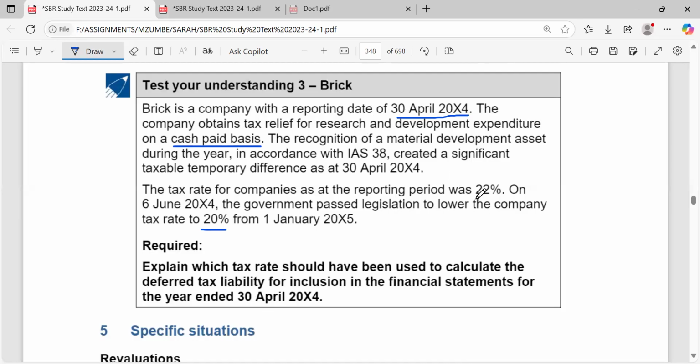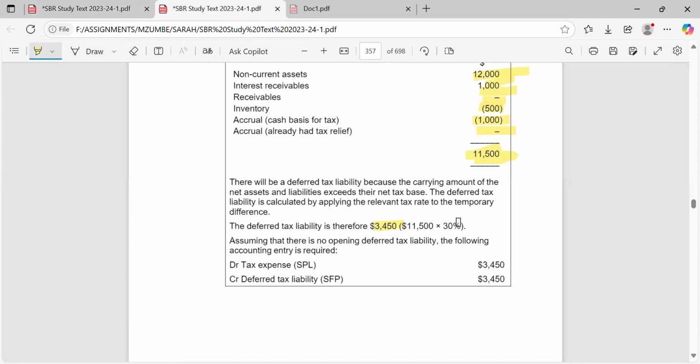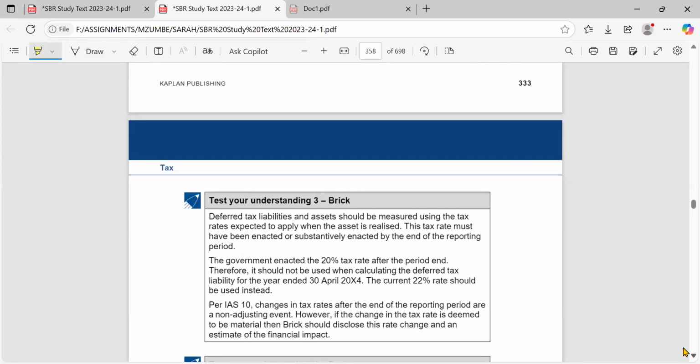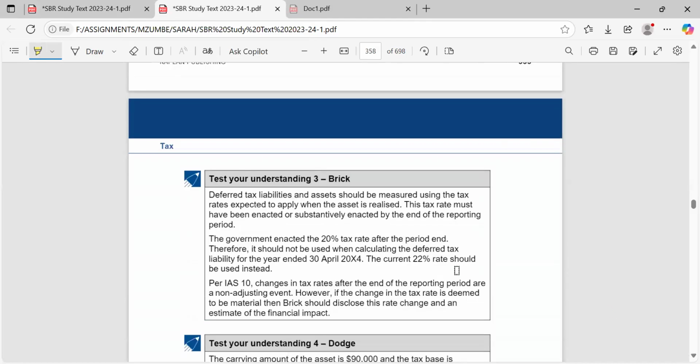And changes the tax rate from this to this, but you are told that it should be in force, or expected to be in force, right? By 1st January 20X5. Now, which tax rate are you going to apply? So you go to the same principles and you come out with a solution.